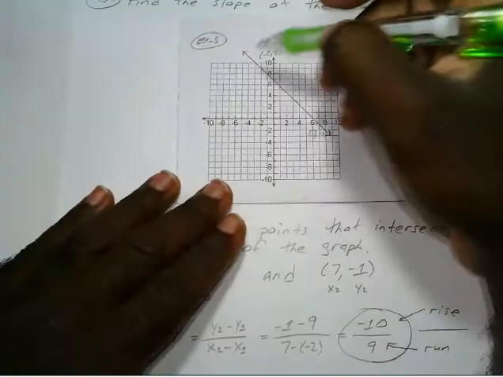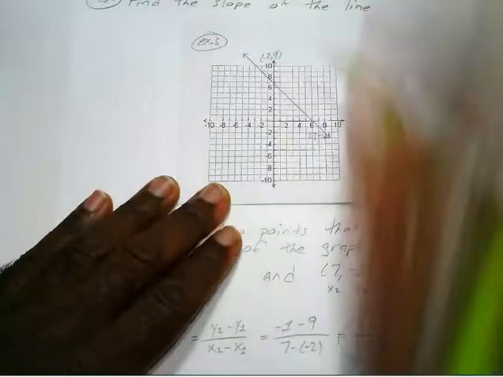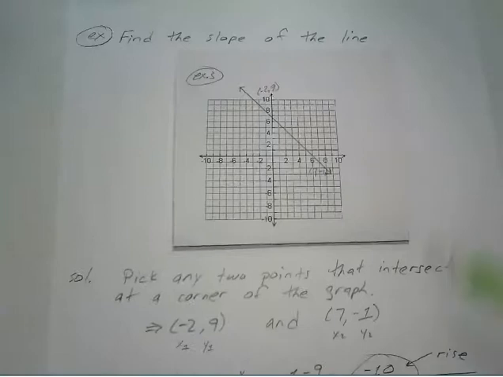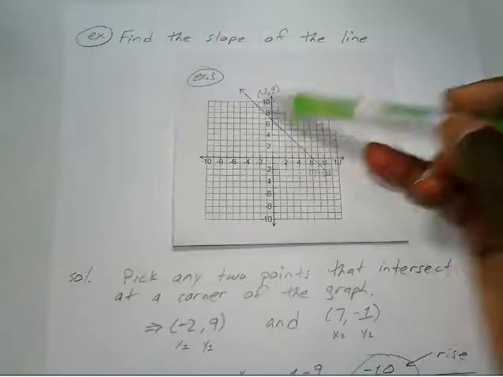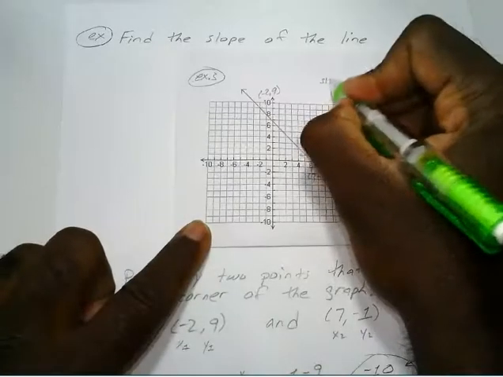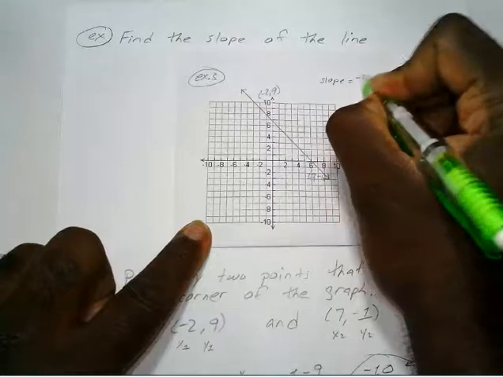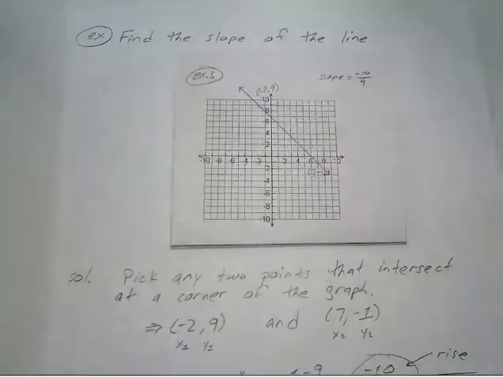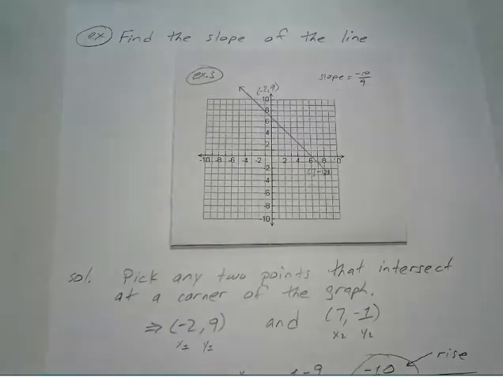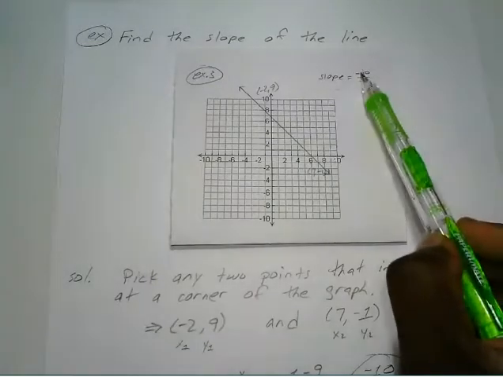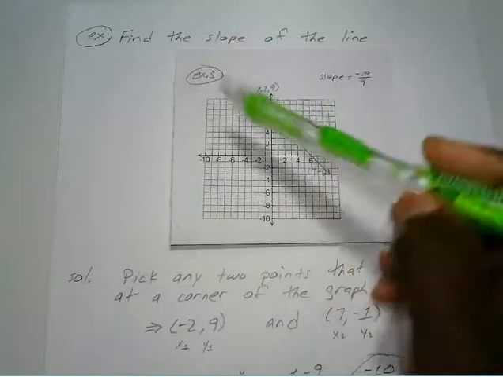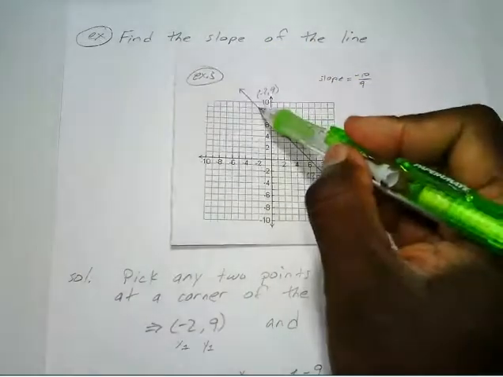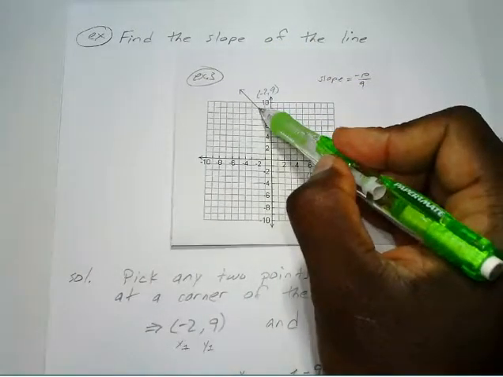Okay, so let's say if we start at our negative 2, 9. Remember, your slope equals negative 10 over 9. So how does that apply to rise over run? I will show you. Okay, let's say if we start at any point on the graph, we're just going to pick this point, our negative 2, 9.